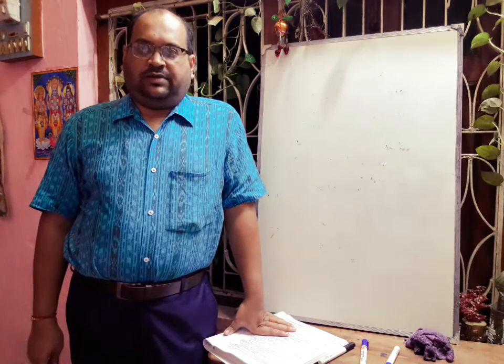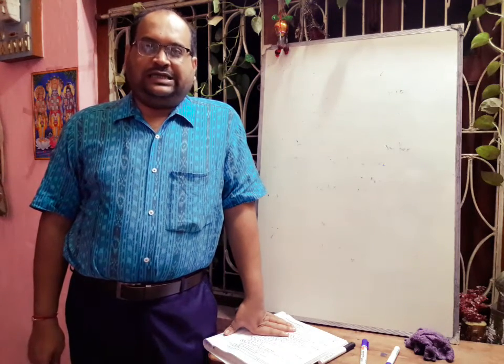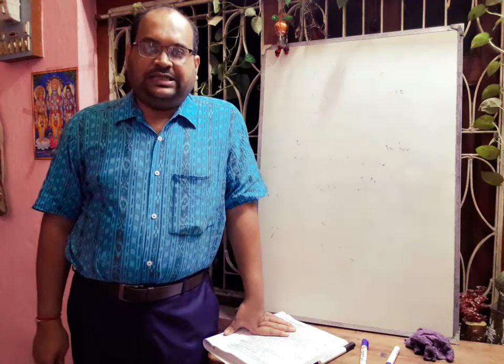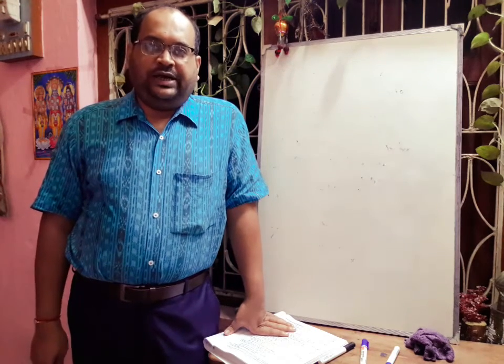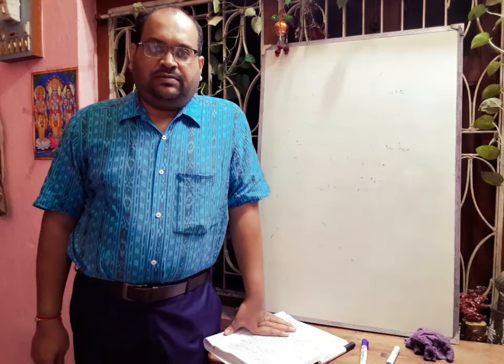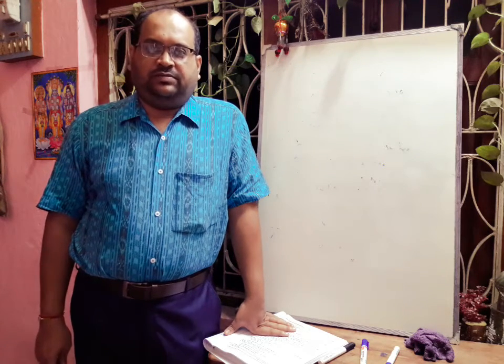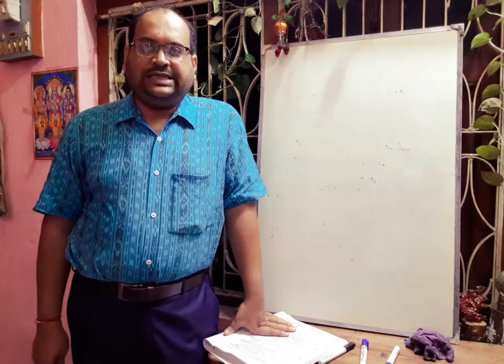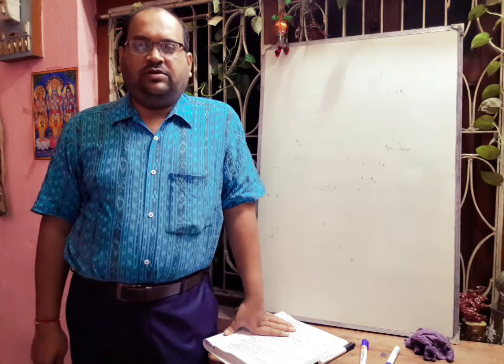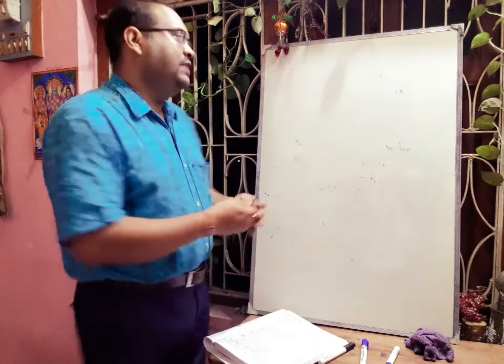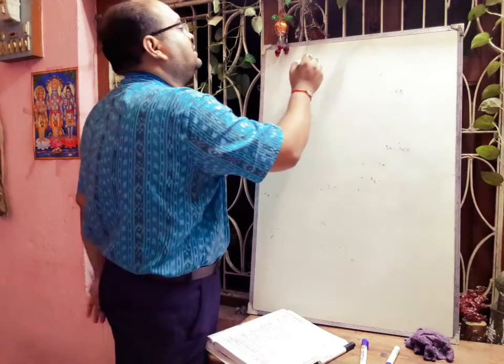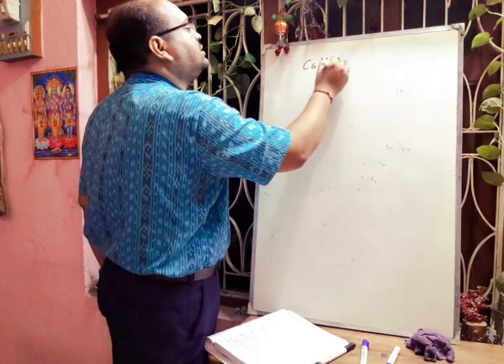and molecular formula. So we know that empirical formula is the formula of a compound which gives the simple whole number ratio of the atoms of various elements present in one molecule of the compound. Suppose if we take one example like C6H12O6.